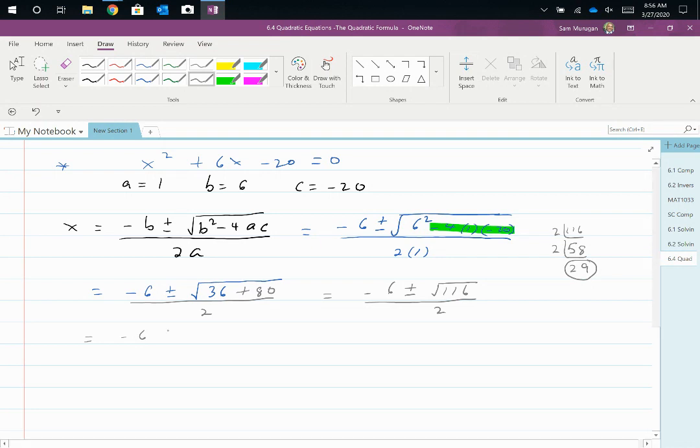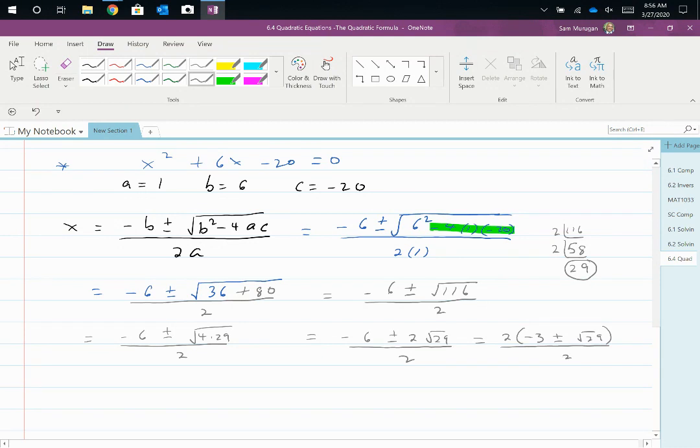So this is negative 6 plus or minus the square root of 4 times 29 over 2, which is negative 6 plus or minus 2 square root 29 over 2. You have to be willing to do the work here to get this. Factor out the 2 on the numerator. This gives negative 3 plus or minus the square root of 29 over 2.